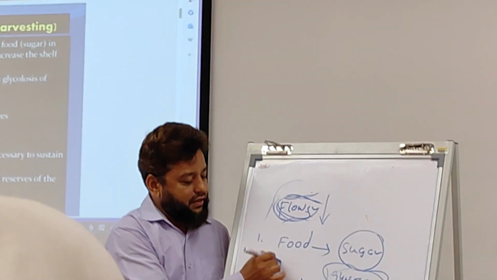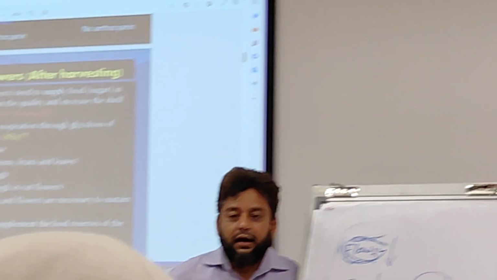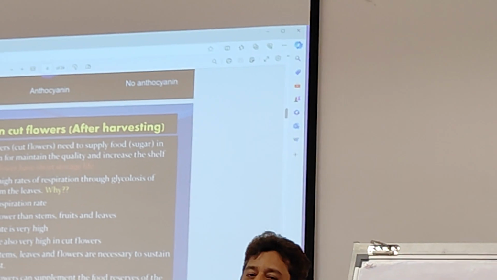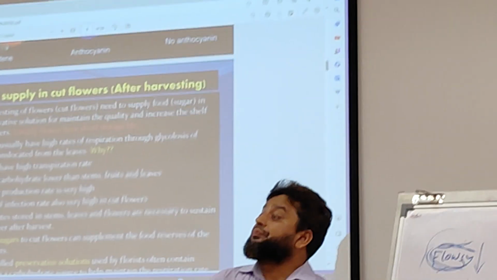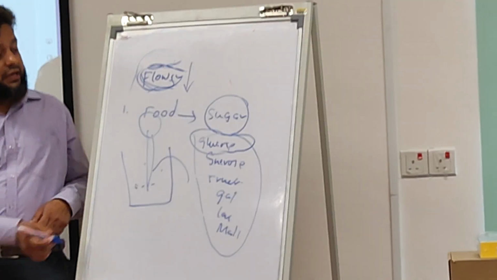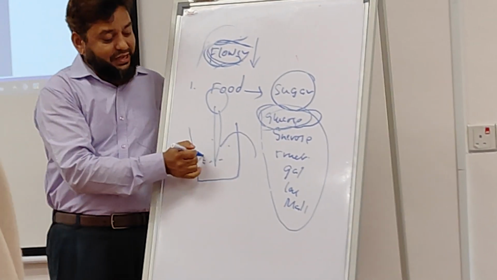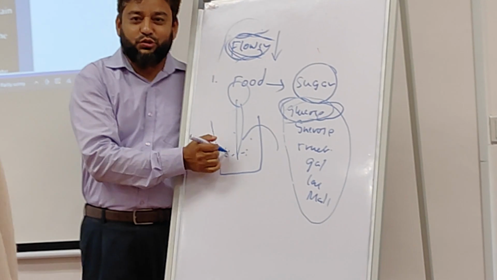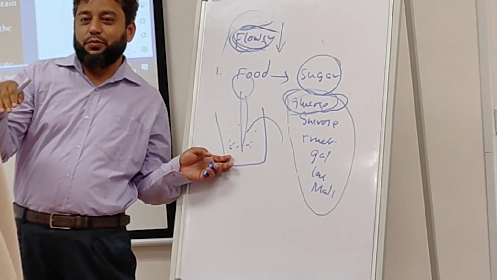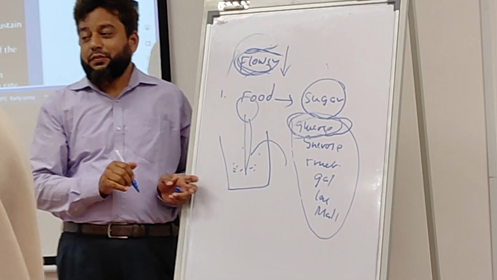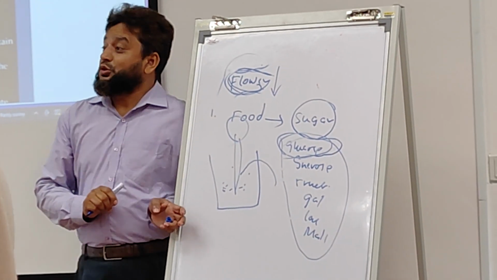Then you have to put the stevia. Now the dose: you need to give them sugar, but if you put too much sugar, then the shelf life will be very low. So the dose should not be too much.